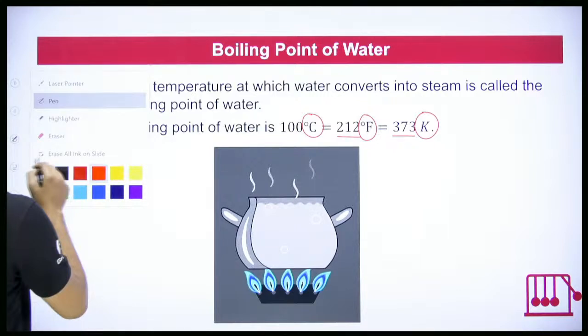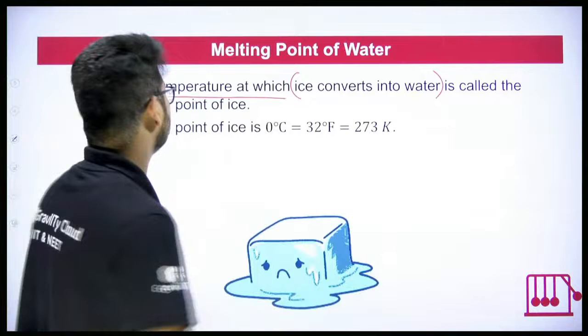Generally speaking, solid into liquid. So the temperature at which ice converts into water is called the melting point of ice, and do you know what the temperature is? In terms of Celsius it is 0, in terms of Fahrenheit it is 32, in terms of Kelvin it is 273. Those are some values that you have to remember. We'll go into those values, don't worry. That's the melting point of ice and the boiling point of water.